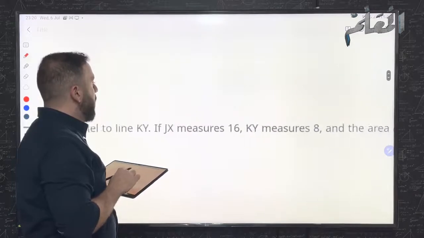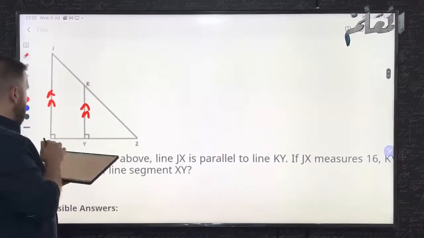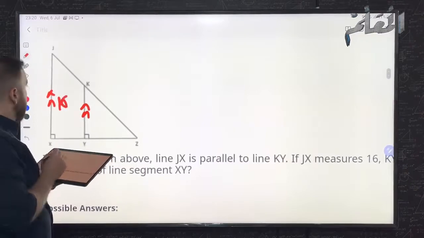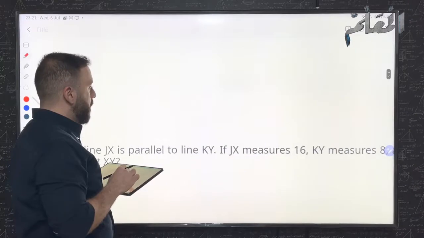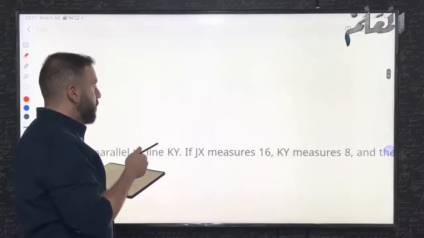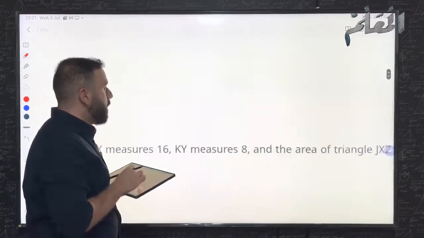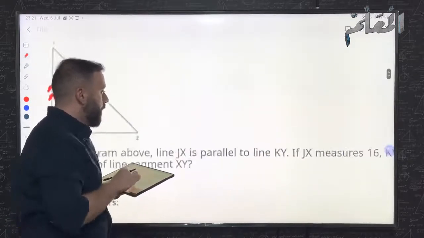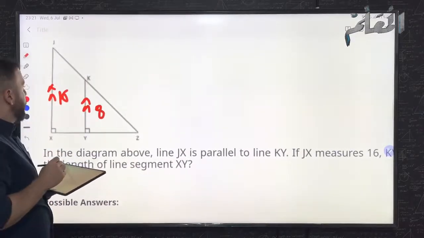So JX measures 16, this is 16, and KY measures 8, this is 8. Fine.